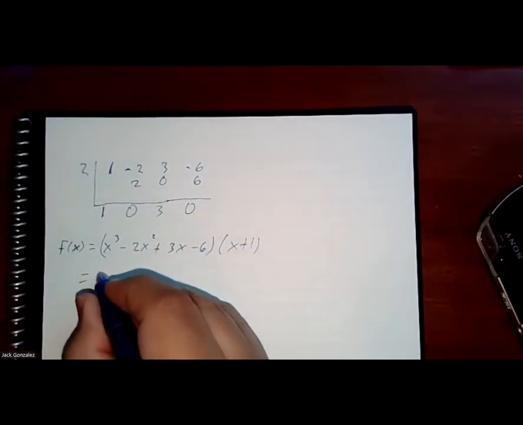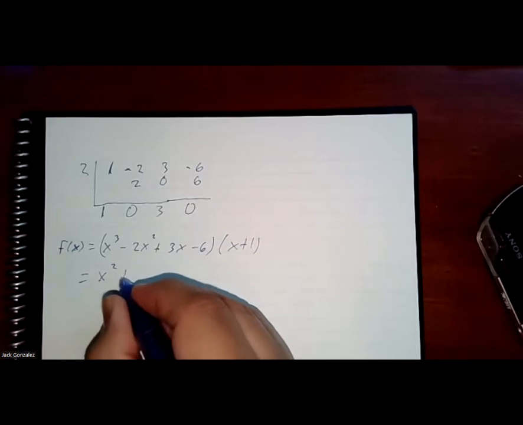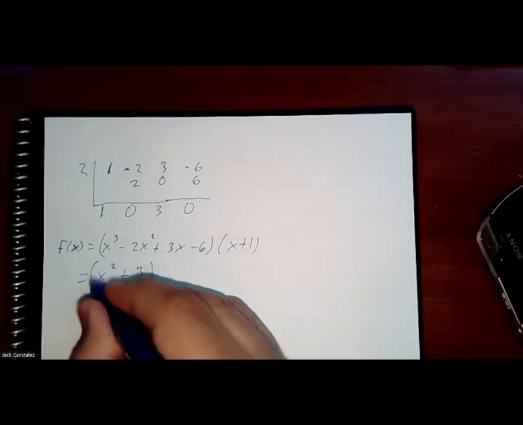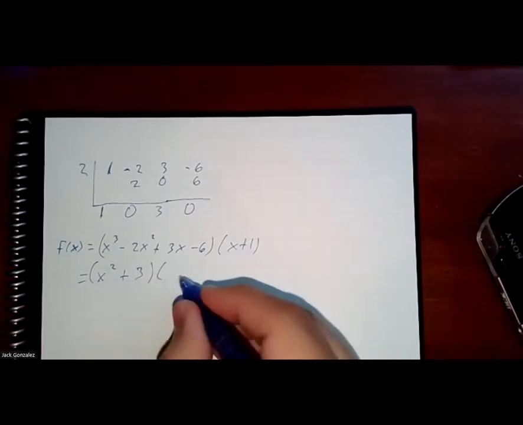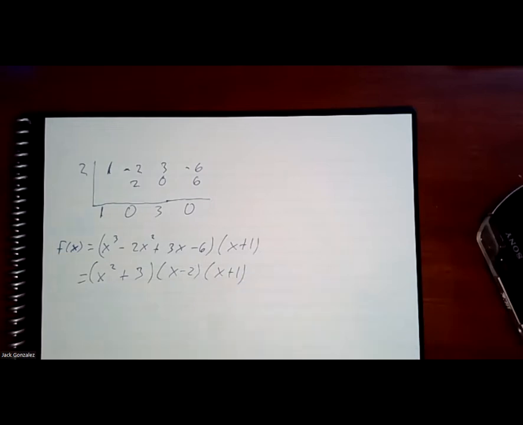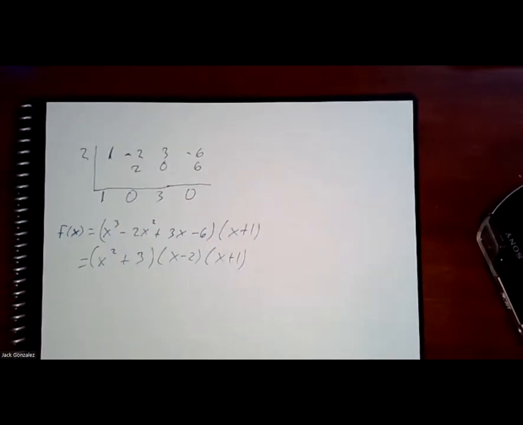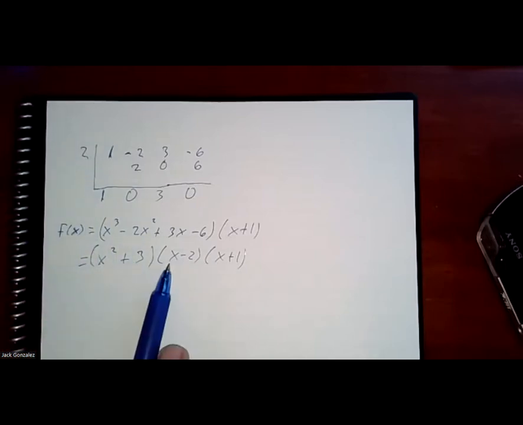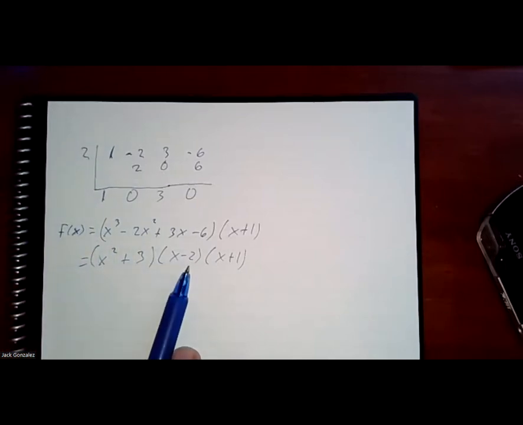So it'll go down a power. So x squared plus 3 times x minus 2 times x plus 1. So since 2 worked, that means x minus 2 is a factor. Since negative 1 worked, x plus 1 is a factor.